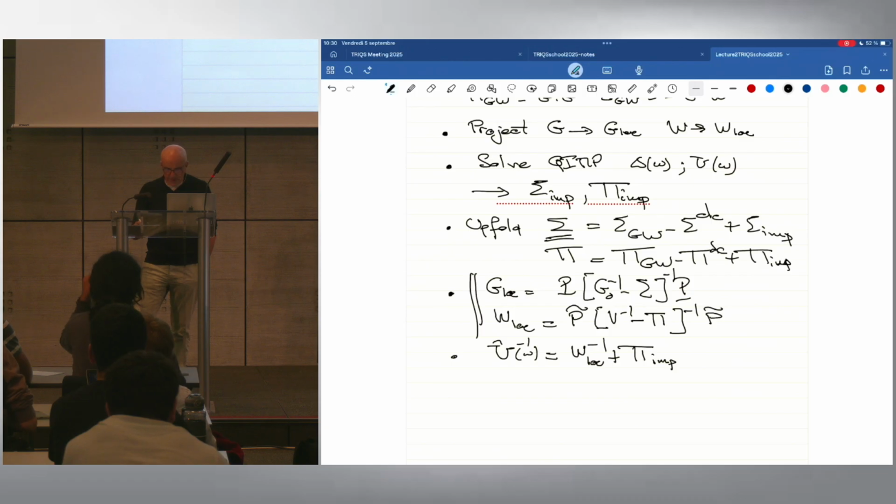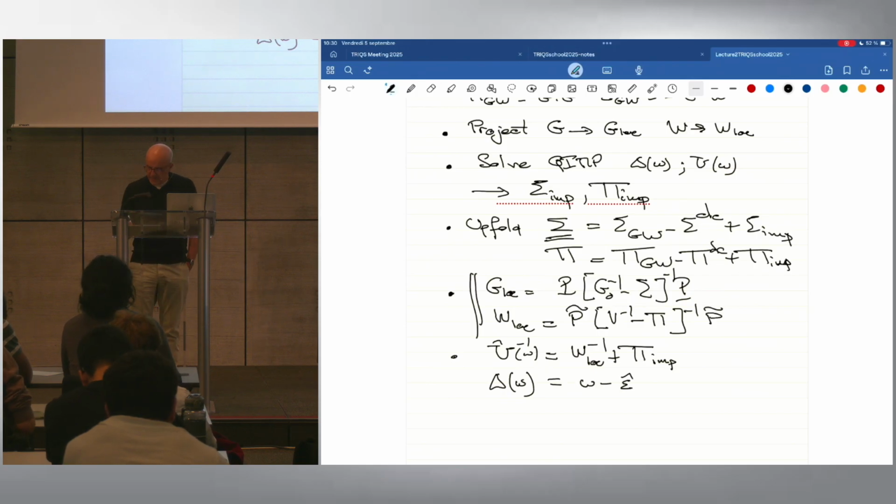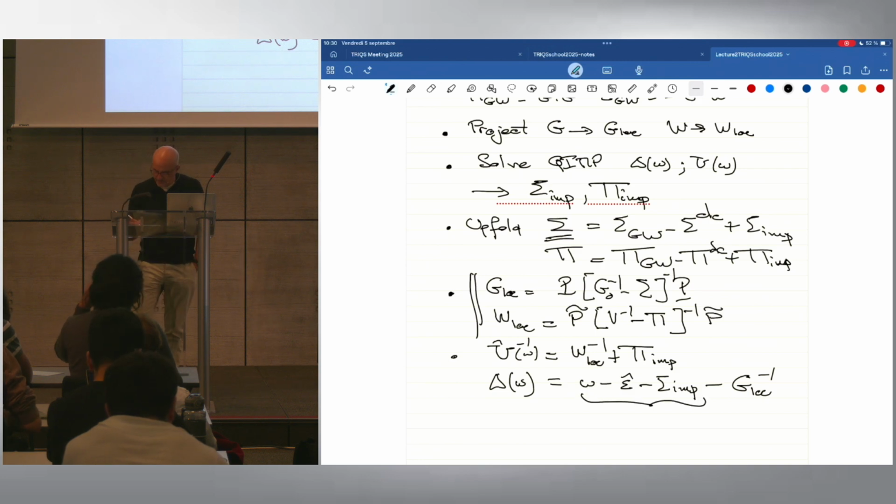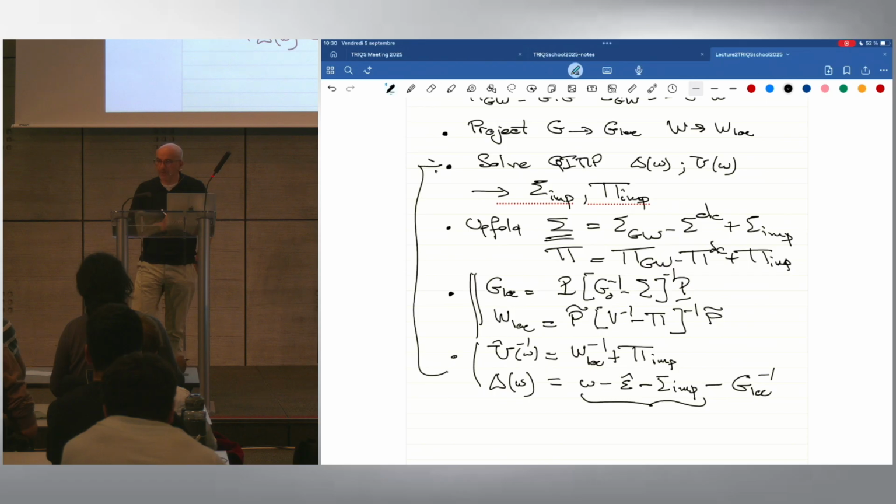And in the same way, delta of omega equal something like omega minus the matrix of the levels minus sigma impurity minus G local minus 1. You see this is the G naught minus 1 of the impurity problem. I put this back into the impurity problem.